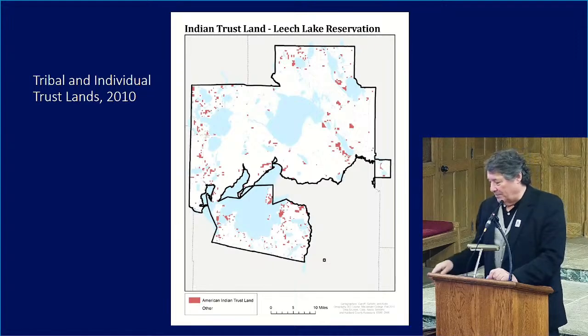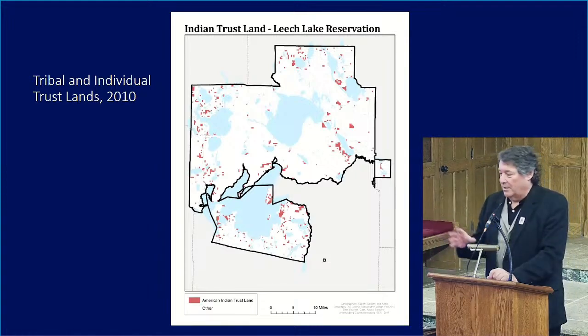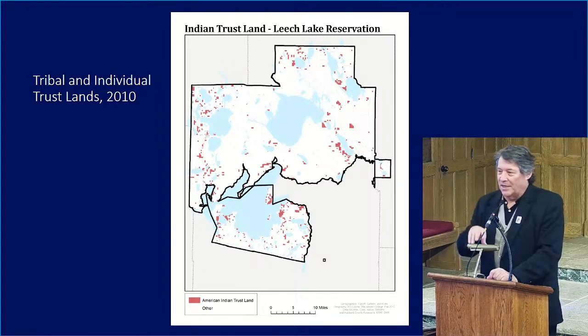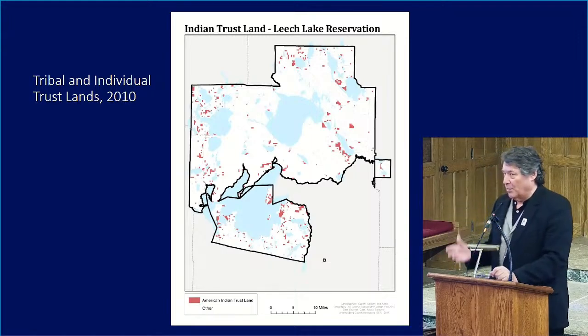These are the types of projects and programs and sites that the foundation works on constantly with others. Other tribes, like you saw with the Salish Kootenai piece, are all checkerboarded. There's Indian ownership and non-Indian ownership side by side and all over the place. That's what gives it the checkerboarding.